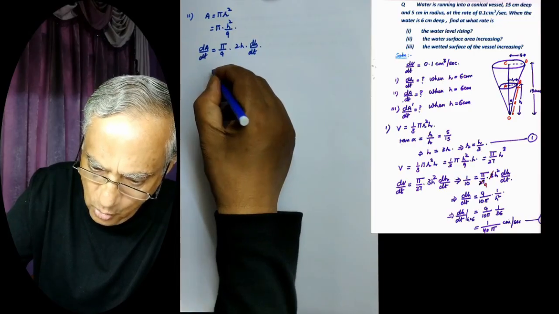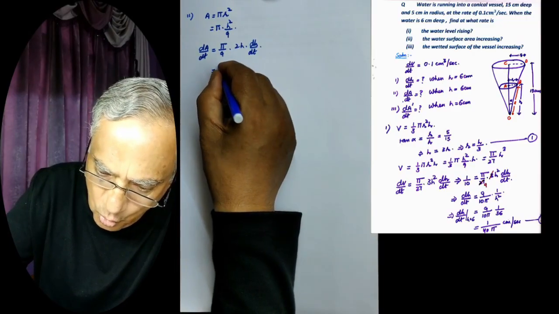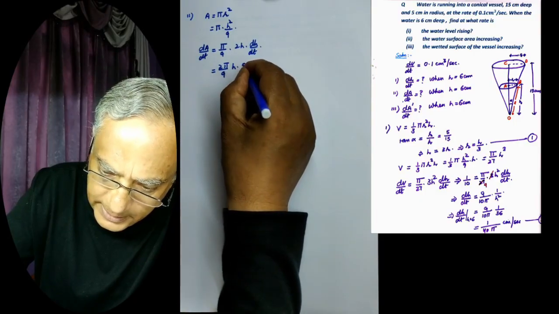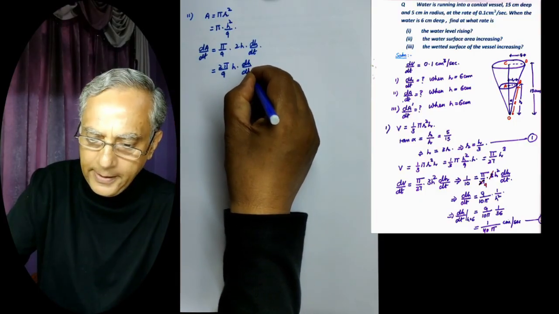This is equal to 2 pi by 9 h into dh by dt.